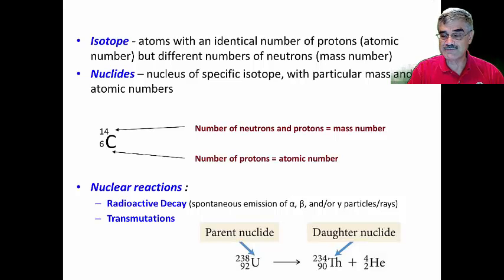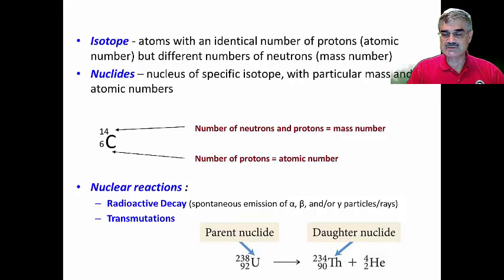So if we see a 14, we quickly subtract 6 and we know there must be 8 neutrons in this particular isotope, or if we're focusing on the nucleus, this particular nuclide. So that's the definition of nuclides in the relationship with isotopes.